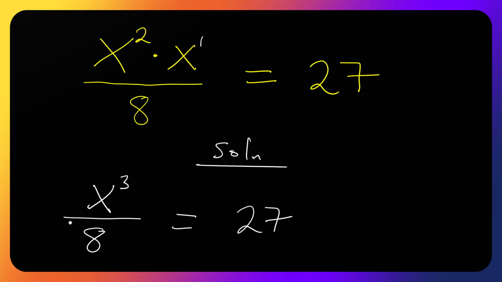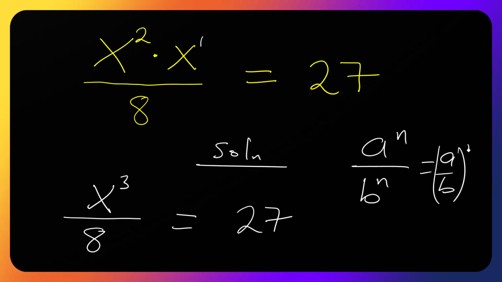Okay, so I would like to change this one. Since we have a cube here and we have 8 here, I want to go by this rule: a raised to n over b raised to n is a over b all raised to n. So I would like to make this side also 2 to the power of 3, so that the powers will be the same.